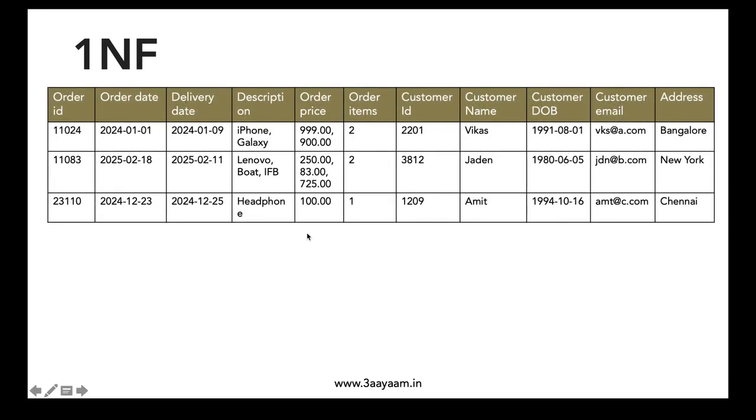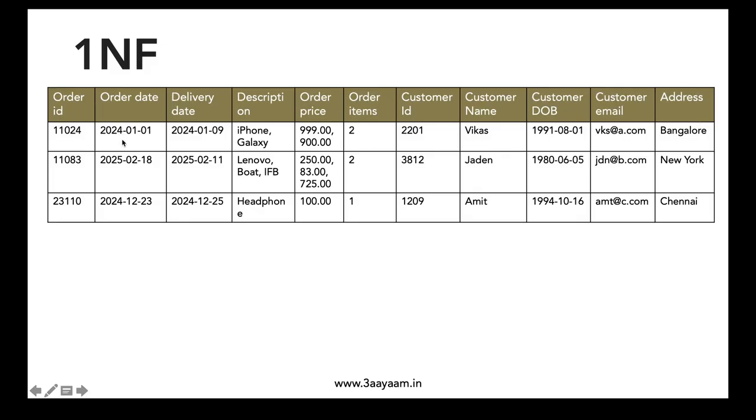This is the data we would use to come to the normal forms, to basically create entities, remove duplicates, and do the normalization. So we have order ID, order date, delivery date, description, order price, order items, customer ID, customer name, customer date of birth, customer email, and customer address.